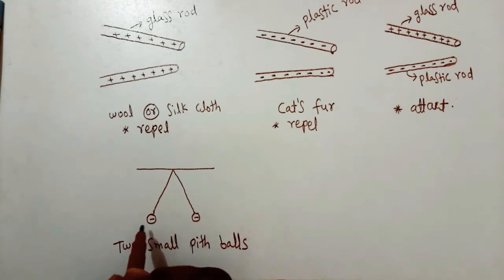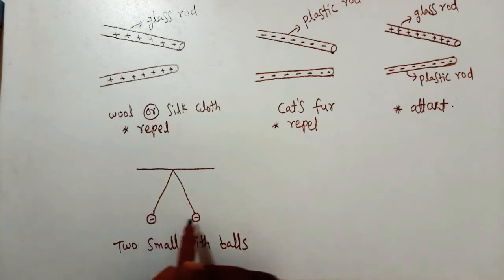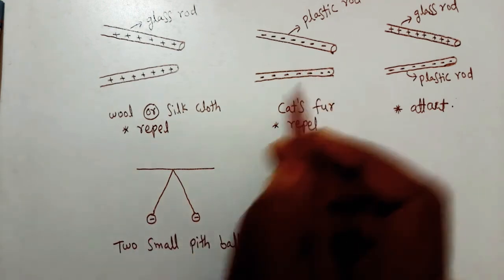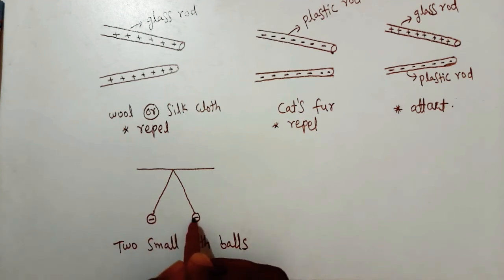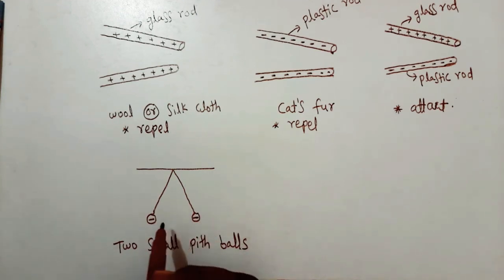So if we touch these two small pith balls with a plastic rod, they get negative charge, and they repel each other.